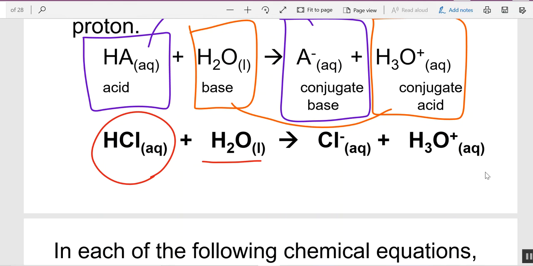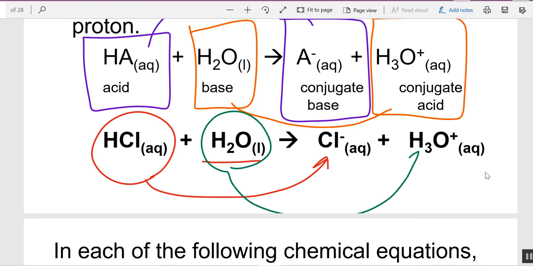Once it donates the H plus, it becomes the conjugate base. On the other hand, this one, because it accepts the H plus, becomes the hydronium ion, the conjugate acid. So this is the acid and this is the conjugate base, and this one is the base and this is its conjugate acid.